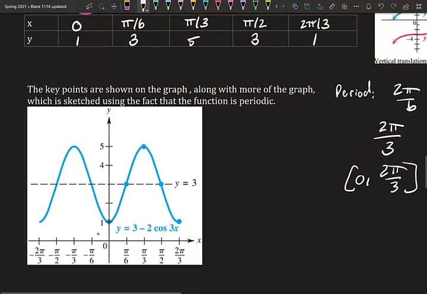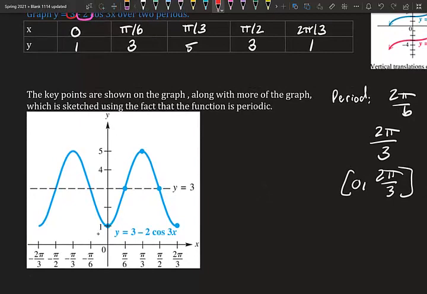From there, we plot our points. So we have 0, 1; pi over 6, 3; pi over 3, 5; pi over 2, 3; and then we know 2 pi over 3, 1. And whatever's on the right side, it just keeps going on the left side.